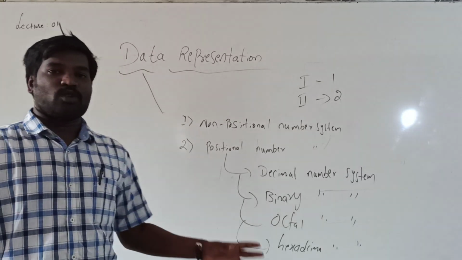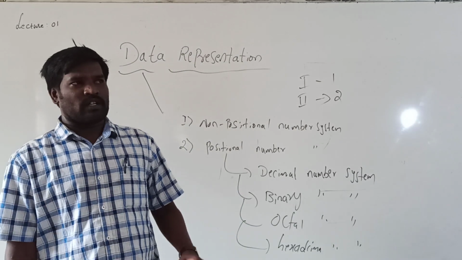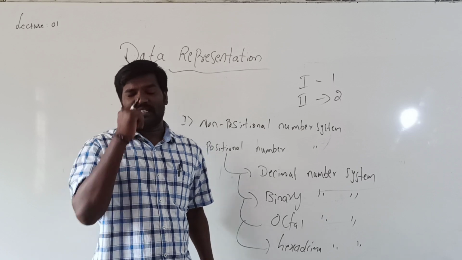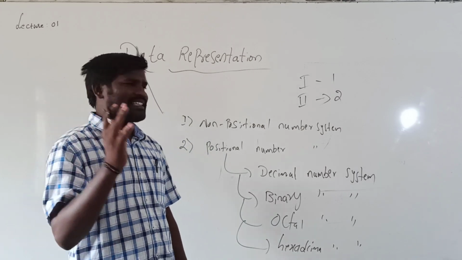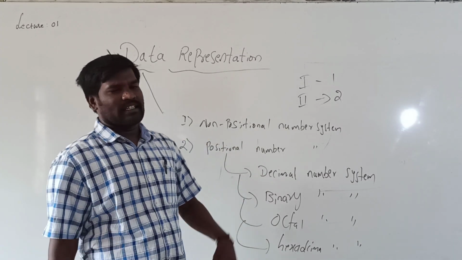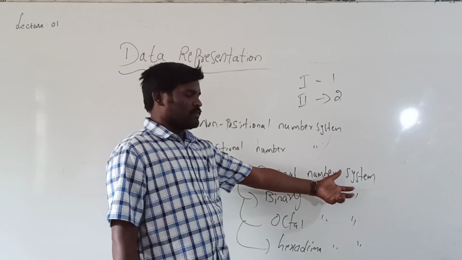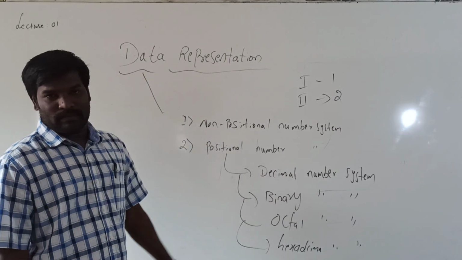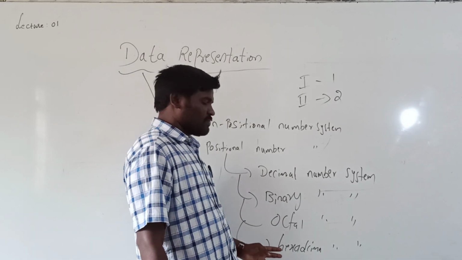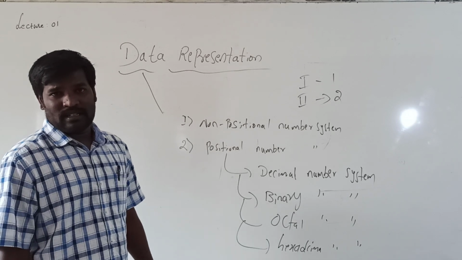Whatever numbers we are presently using can be classified into these four categories in the data representation chapter.